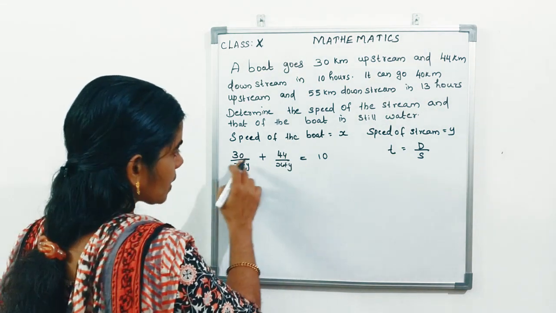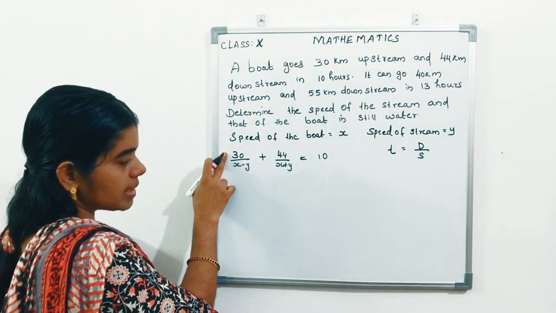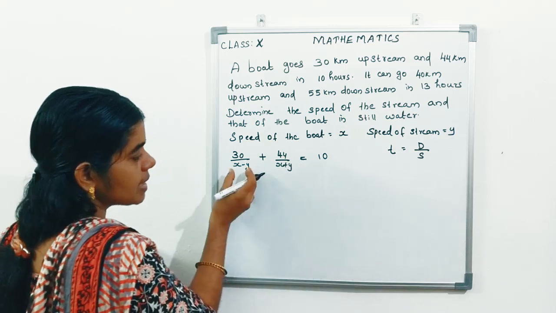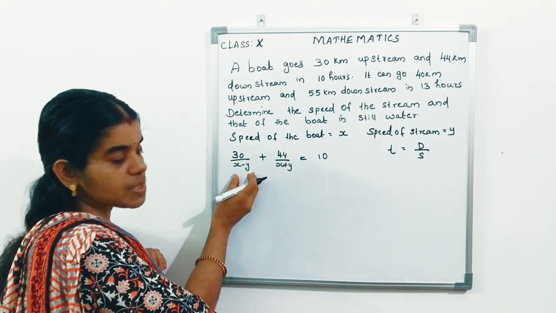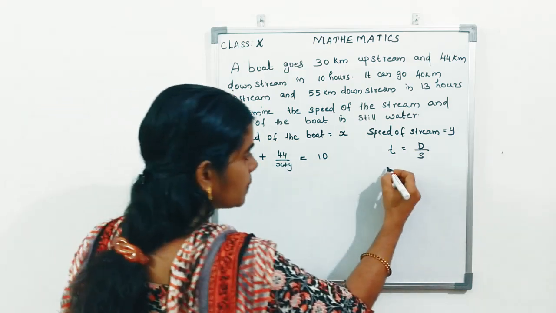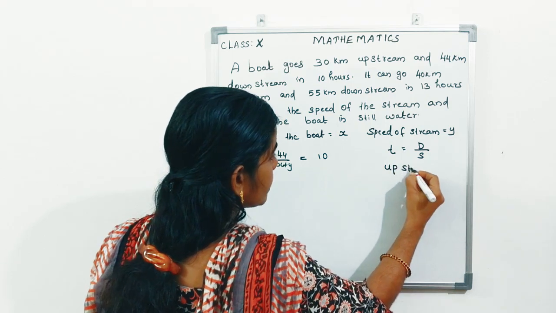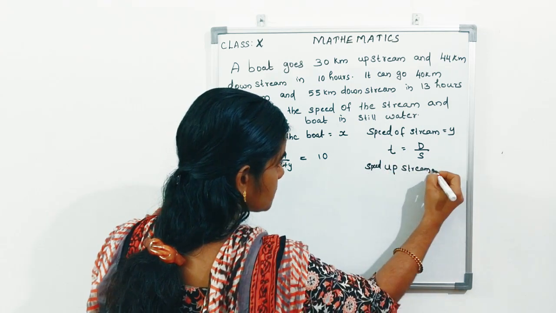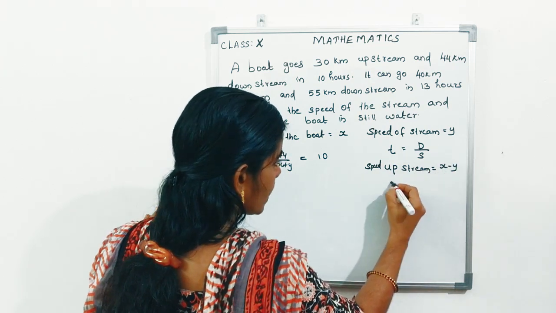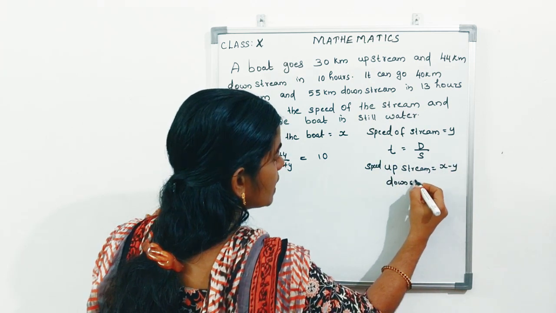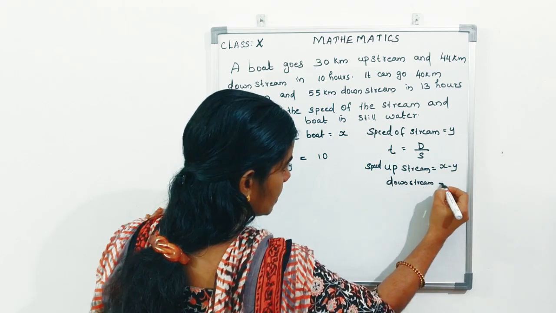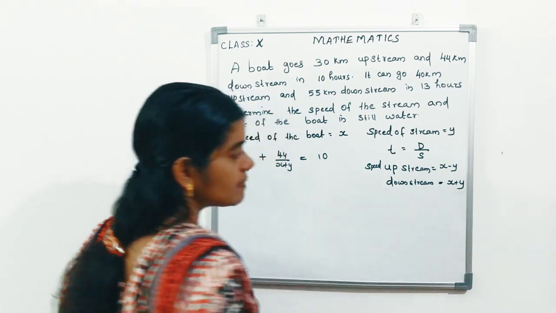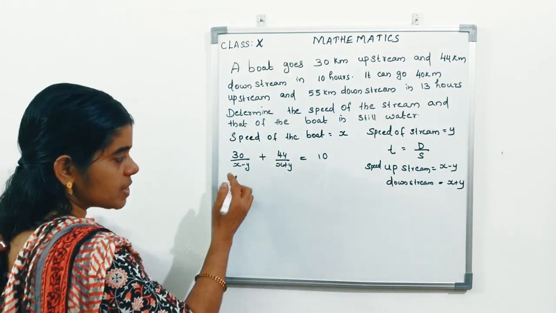If you are confused, you can write: speed in the case of upstream is x minus y, and speed in the case of downstream, the resultant speed, will be x plus y. This will be our first equation.